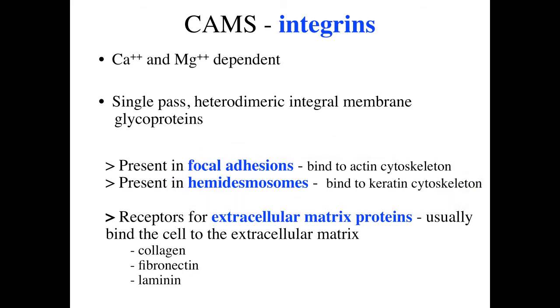The integrins usually are receptors for extracellular matrix proteins, so they usually bind the cell to its extracellular matrix. So these integrins commonly have receptors for molecules like collagens, fibronectins, and laminins, which you know of as extracellular proteins in connective tissue.